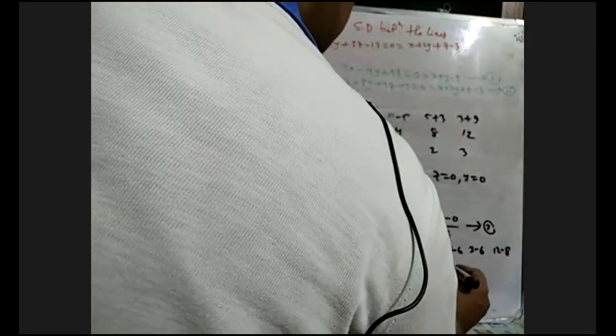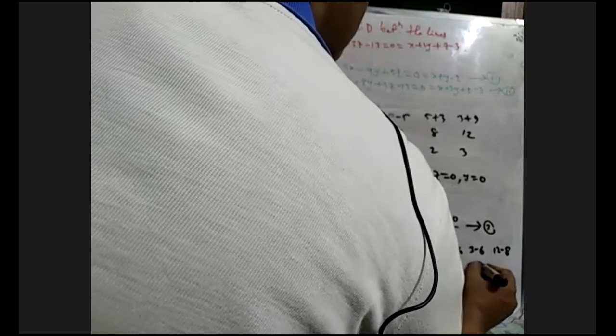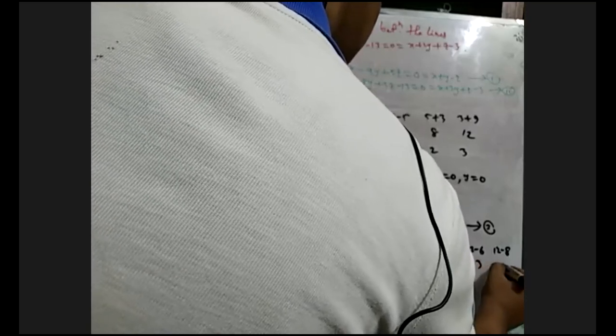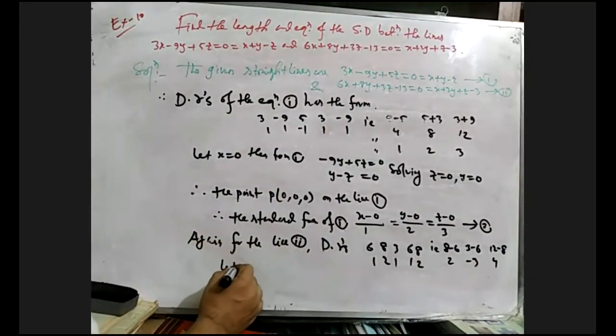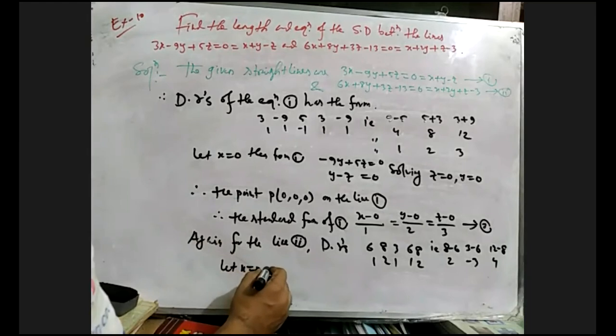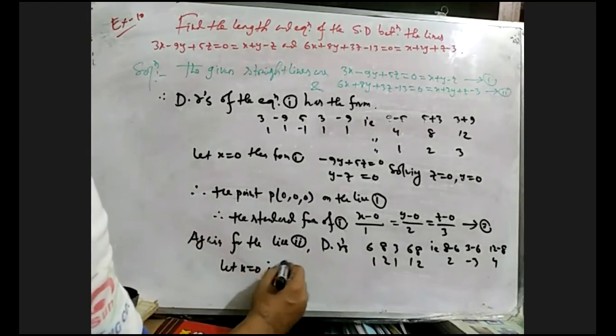That means we get 2, -3, 4. Again, let x equals 0 in equation number 2.